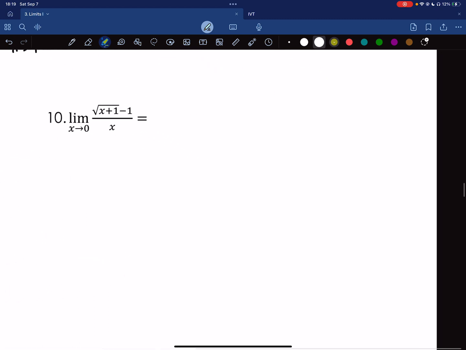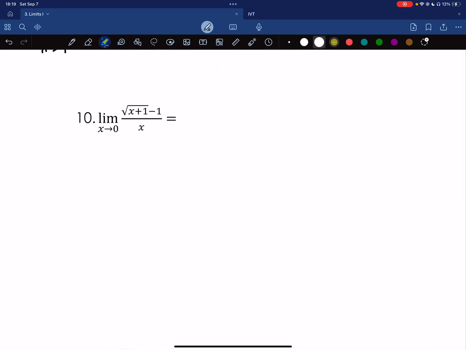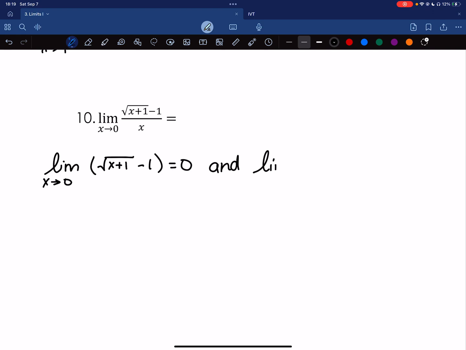Okay, this next one is a little bit more involved. Again, direct substitution, I'd get 0 over 0. So the limit as x approaches 0 of the square root of x plus 1 minus 1 equals 0, and the limit as x approaches 0 of x equals 0.